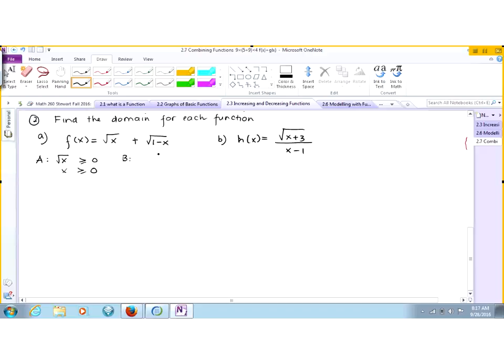How about your B? 1 minus x is greater than or equal to 0, so negative x is greater than or equal to negative 1. So x is less than or equal to 1.